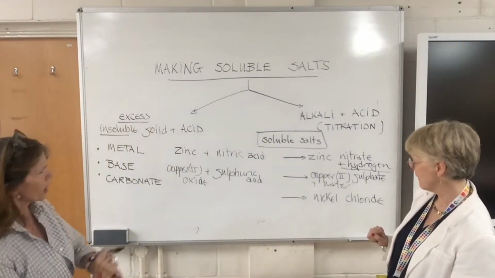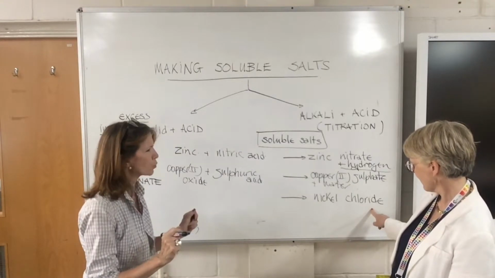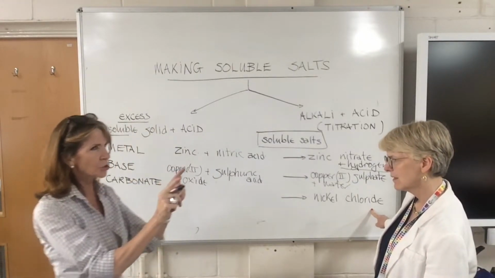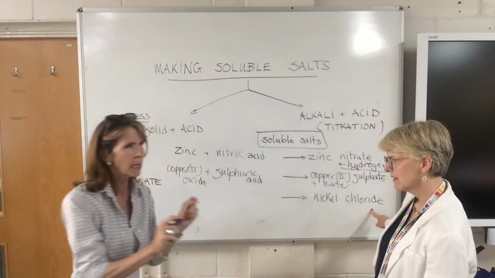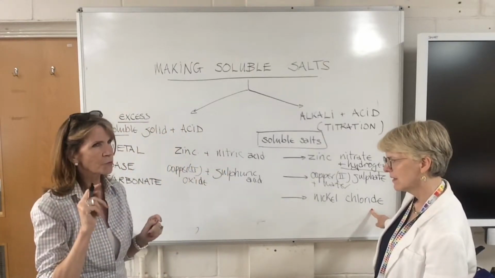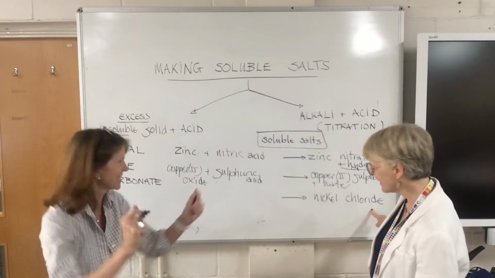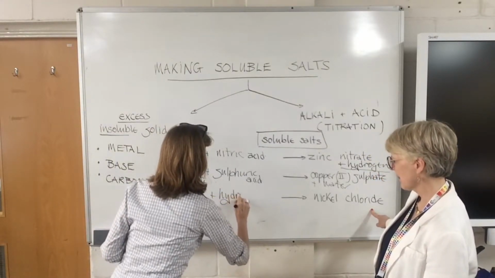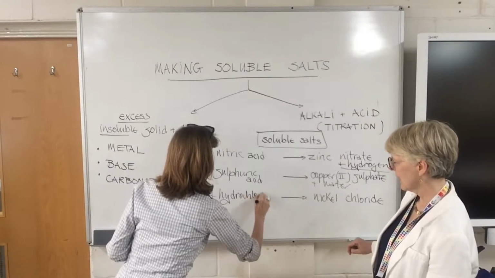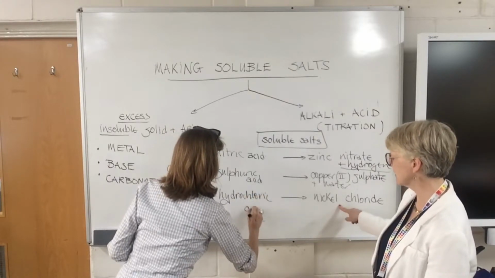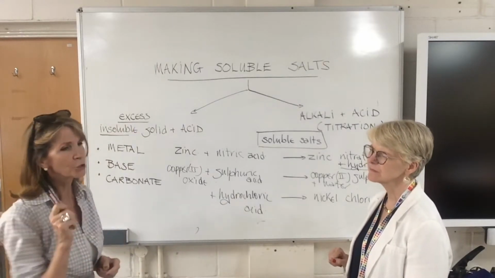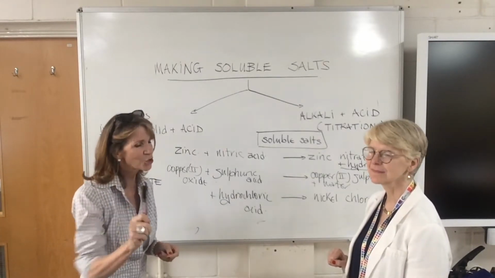Excellent. Now the last one, nickel chloride. So if you have actually taught this properly, that means chloride comes from hydrochloric acid. Excellent. Hydrochloric acid. And then you've got to find your nickel, which might be a metal you don't know very well. But they try and do that to you, they try and test you.